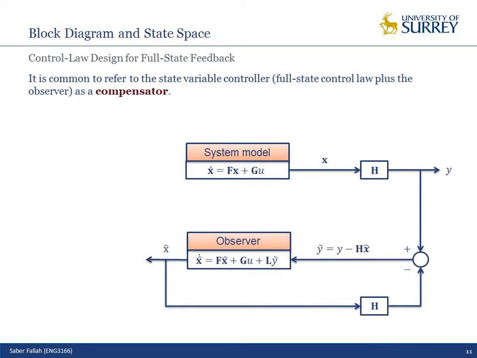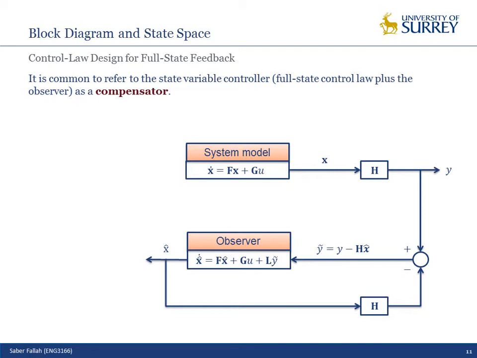Using the information I have from the output y, which is one of the states of the system, I can build up an observer module to estimate the whole state of the system using the output y. Look, x is the state vector. But in reality, I don't have information from all elements of x.